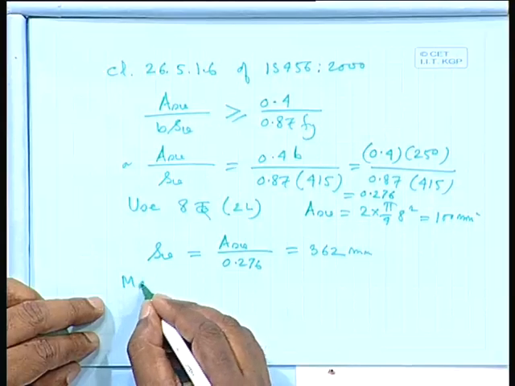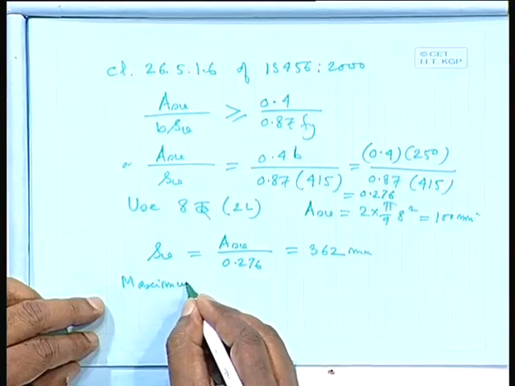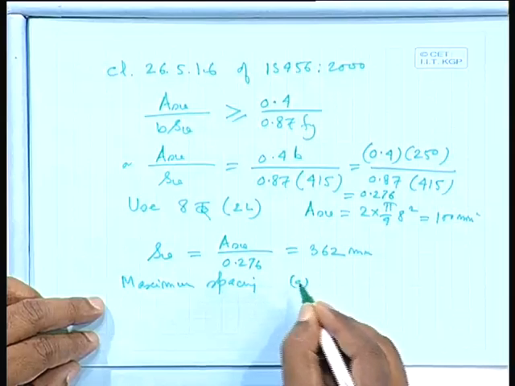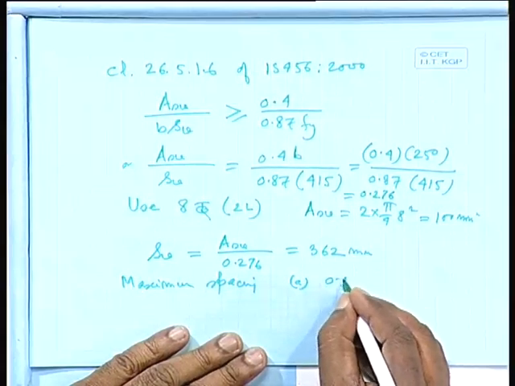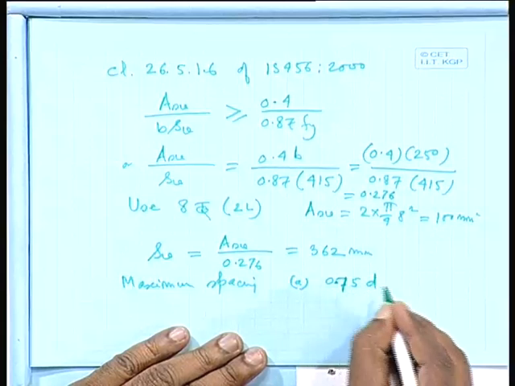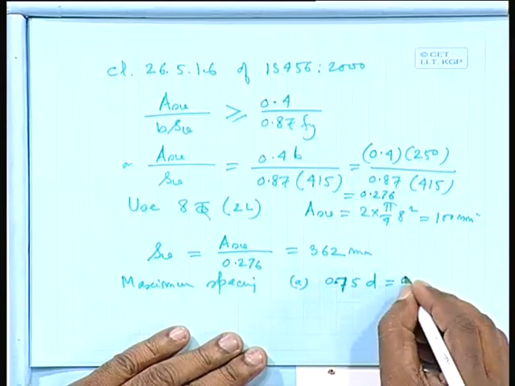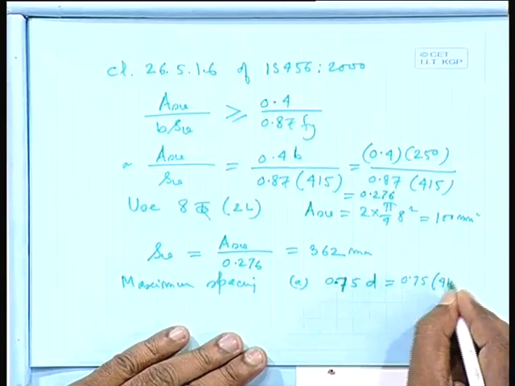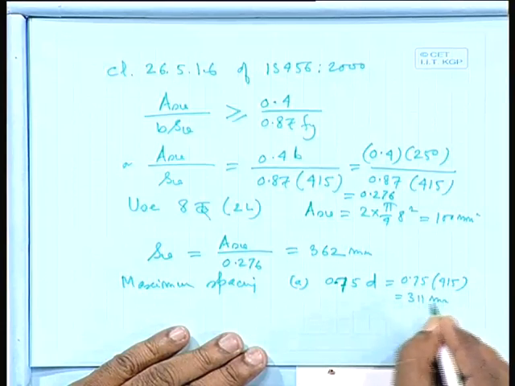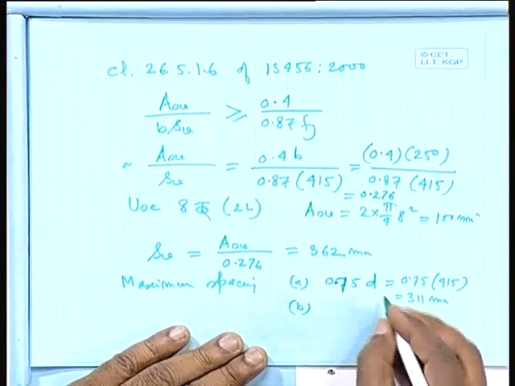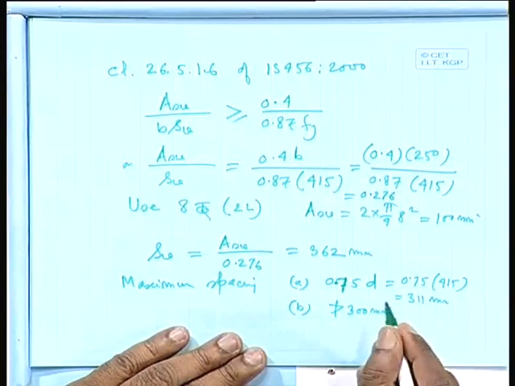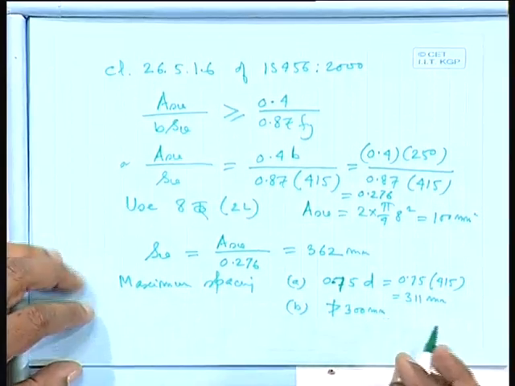Maximum spacing is 0.75 D, equal to 0.75 times 415, which comes as 311 millimeter, and not greater than 300 millimeter, there is a numerical value mentioned in our code.